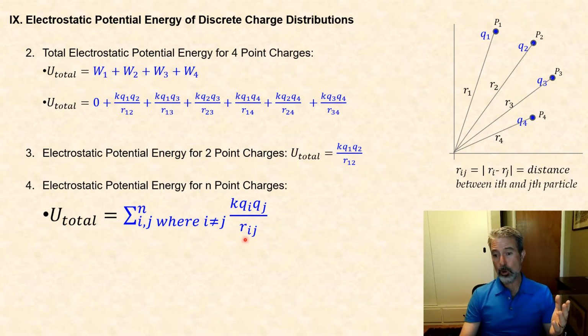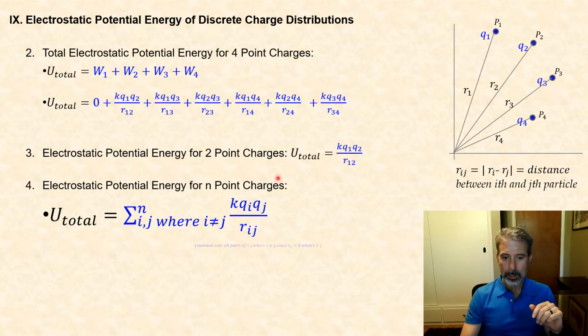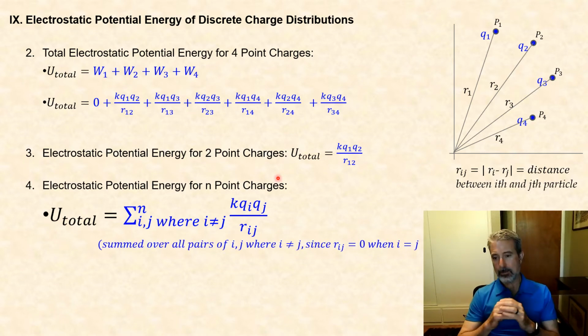The order that we write these indices doesn't matter. In other words, R sub 1, 2 and R sub 2, 1 are identical, so we would not include those terms twice. Like I'm saying, we will sum over all pairs ij where i is not equal to j, since that would require that R sub ij equals 0.